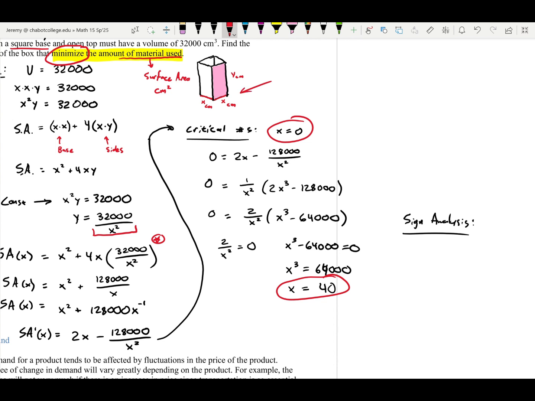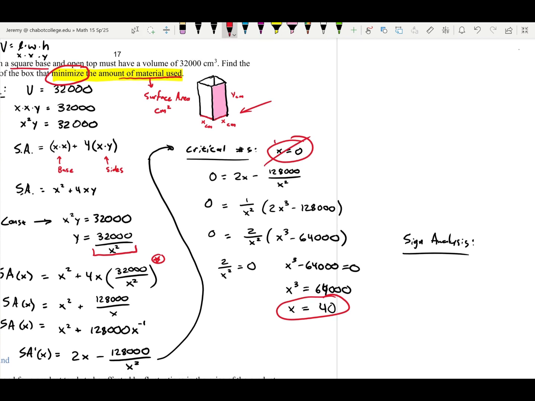The dimensions of this box would be 0 by 0 by, I don't know, infinity. So this is not really a relevant critical number. Really, we're interested in 40, so we could do a little sign analysis. But I'm going to spoil it, and I'll just tell you that when you look at the derivative, you will see that it is negative on this side, positive on this side. So we do, in fact, have a local minimum.